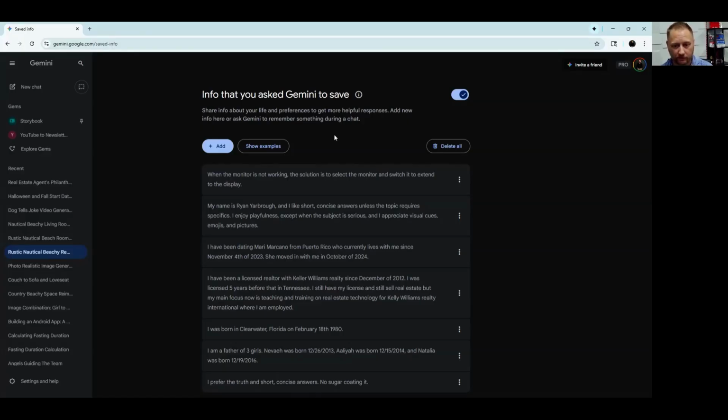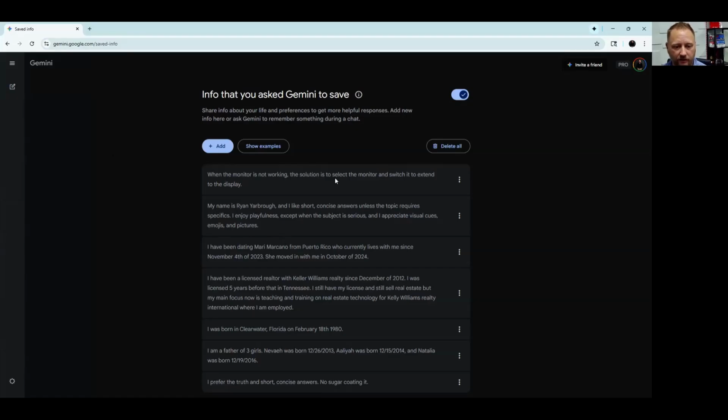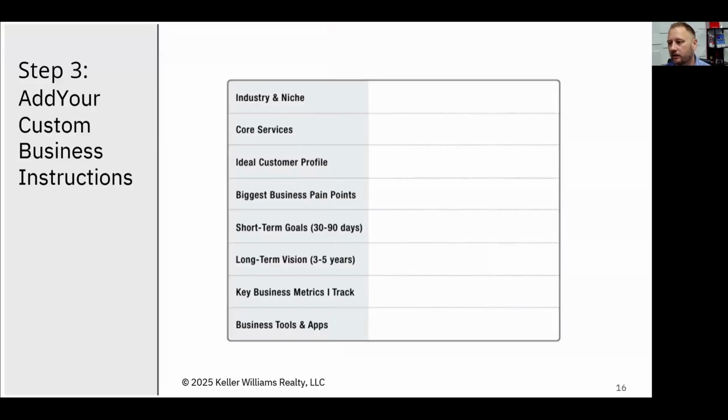You could copy the whole thing that you just got and put it in here right away. And you can see here it's my girlfriend and the time we started dating. That's important so I don't forget. It'll remind me where I was born. I have 3 girls, and I put their birthdays in. So there's a lot of information you can just keep on adding. You can also delete it whenever you want, and you can ask it not to share. So that's in Gemini.